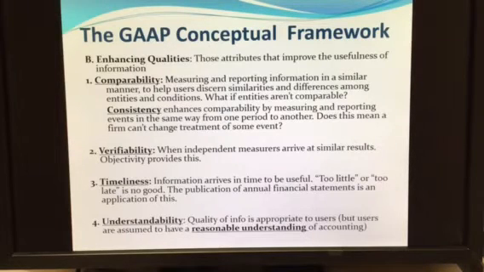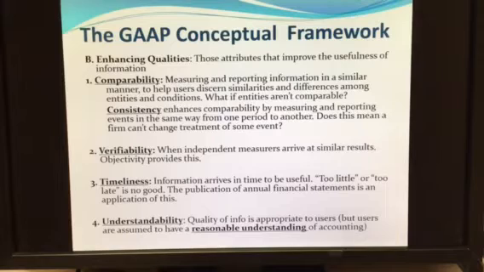So as we talk about these various qualitative characteristics, the various levels actually of the framework. First level, basic objective of financial reporting, where we establish the goal of financial reporting. And then the second level, fundamental concepts, where we're going to be talking about, or have been talking about, qualitative characteristics of accounting information.